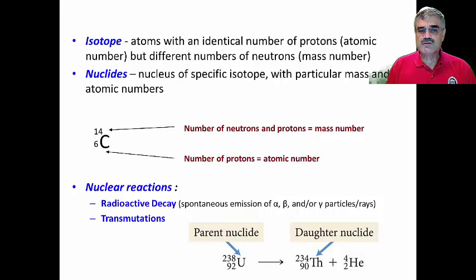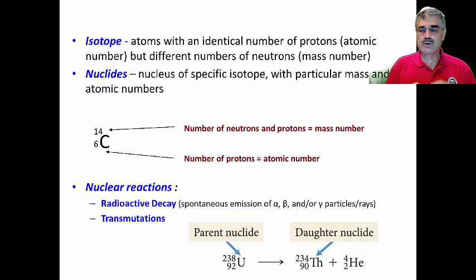Now, we also refer to nuclides as the nucleus of these specific isotopes. The reason we focus on the nucleus is that in this chapter, unlike most of the chapters, here we're talking about what happens inside the nucleus. It's different in that most other kinds of chemistry and biochemistry and biology that we talk about involve reactions with electrons, where electrons form bonds between 2 elements, covalent bonds or ionic bonds, to form large molecules, as big as DNA molecules.